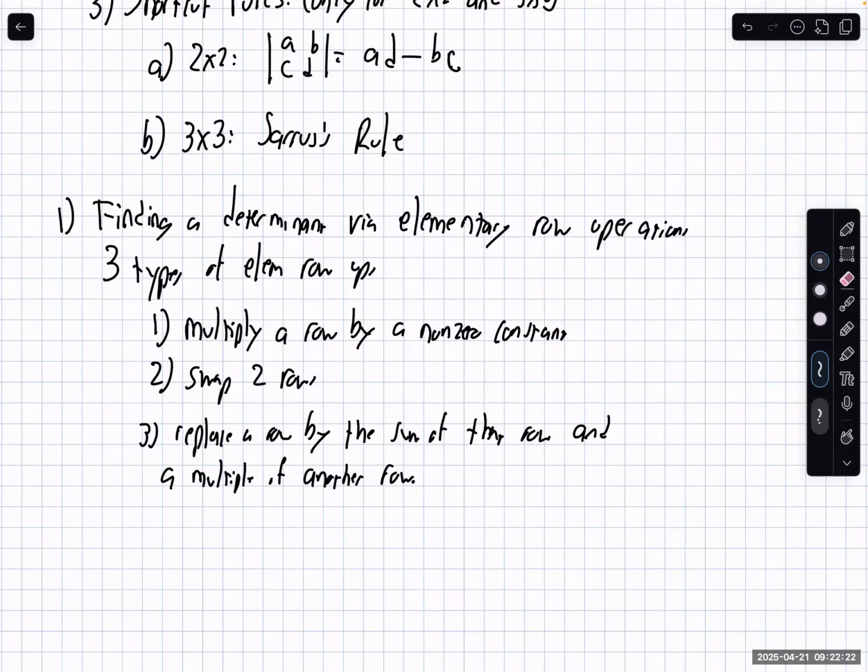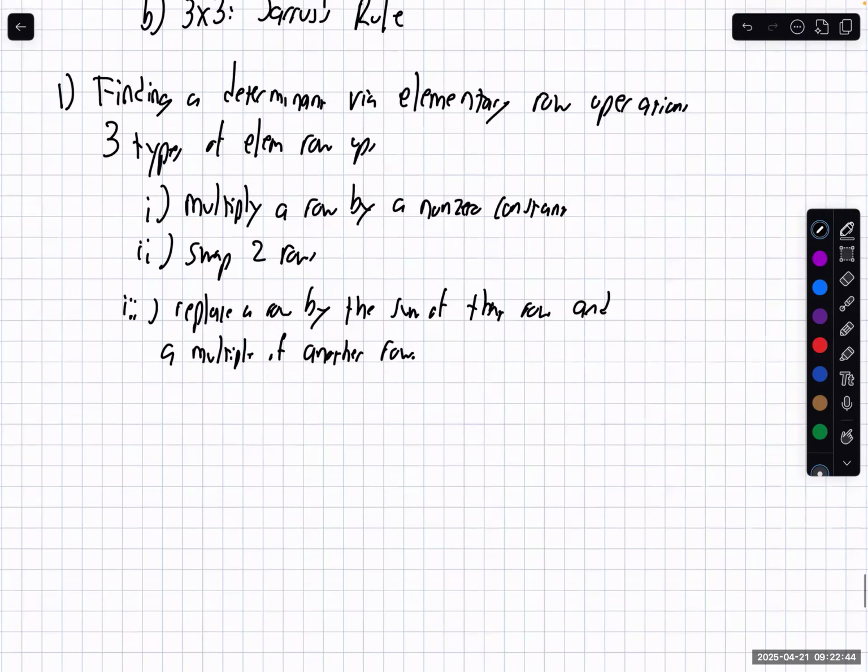Now let's lowercase Roman numeral these. Okay, so remember the three types of elementary row operations we had? Multiply a row by a non-zero constant, swap two rows, and replace a row by the sum of that row and a multiple of another row. Okay, so what I'm going to do is see how the determinant changes each time.